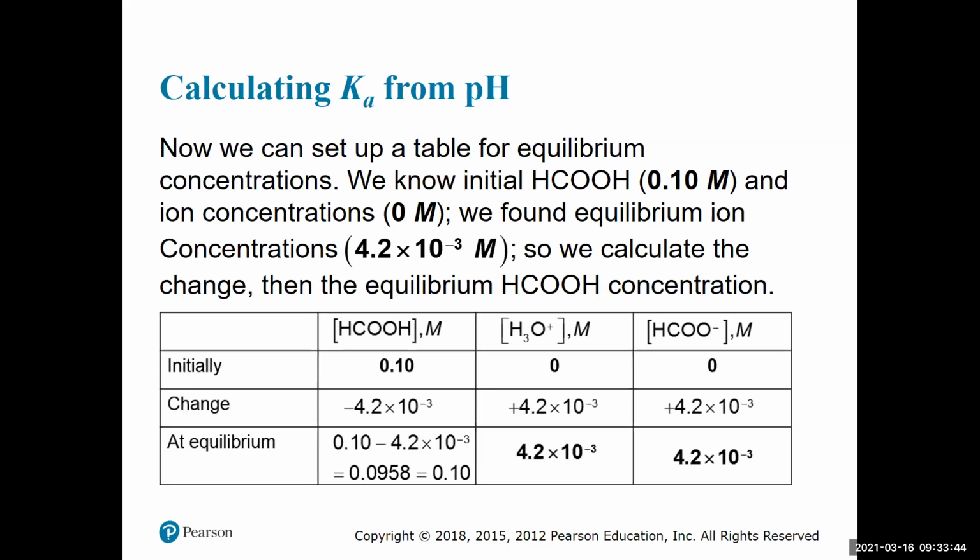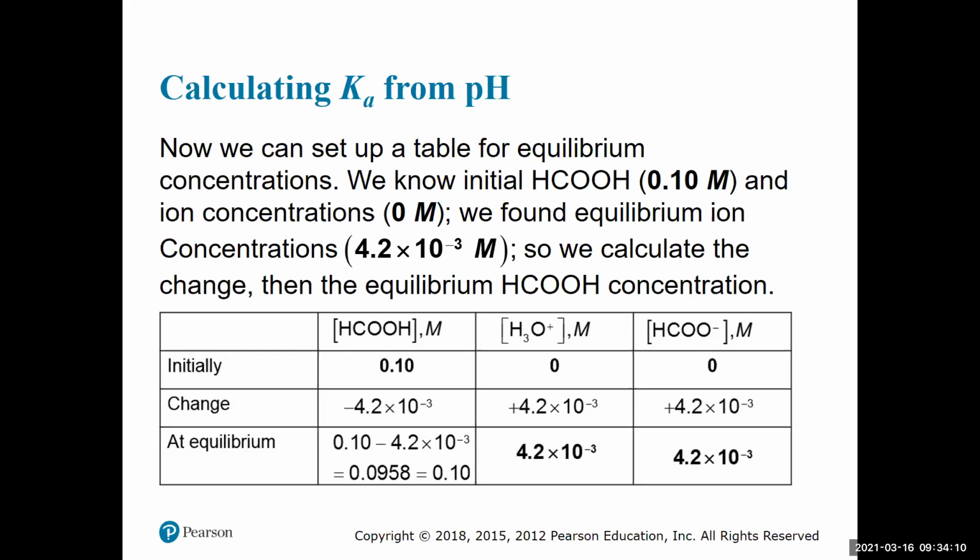We were told that we started with 0.1 molar of the formic acid, no hydrogen ion, no formate ion. From our pH measurement and the little calculation we just did, we know what the hydrogen ion and formate ion concentrations are. That's the 4.2 times 10 to the minus 3 molar.